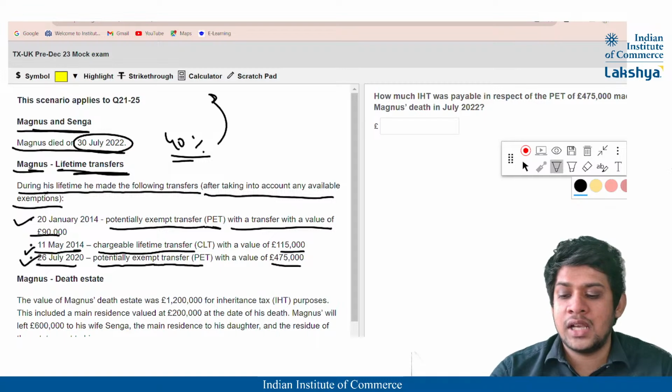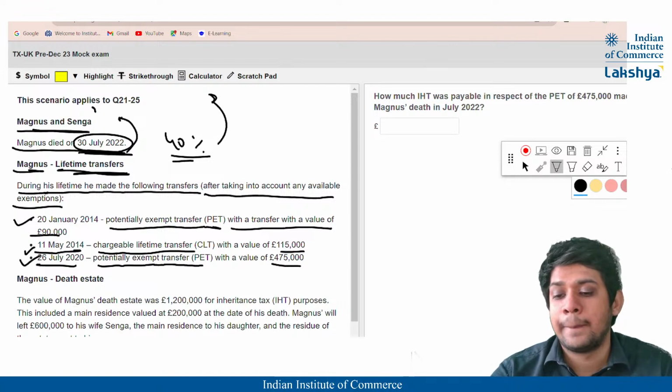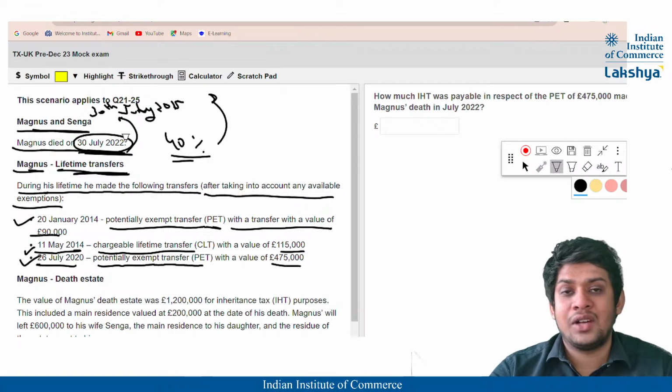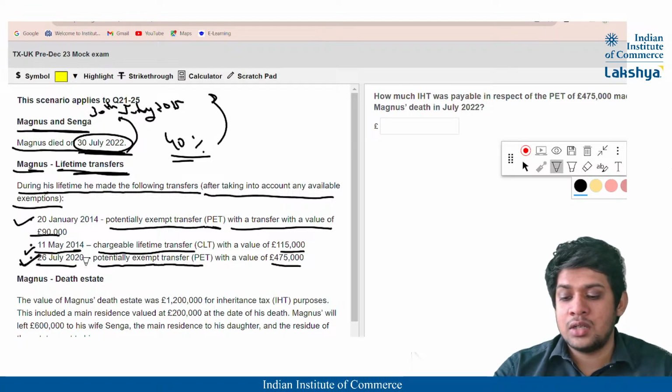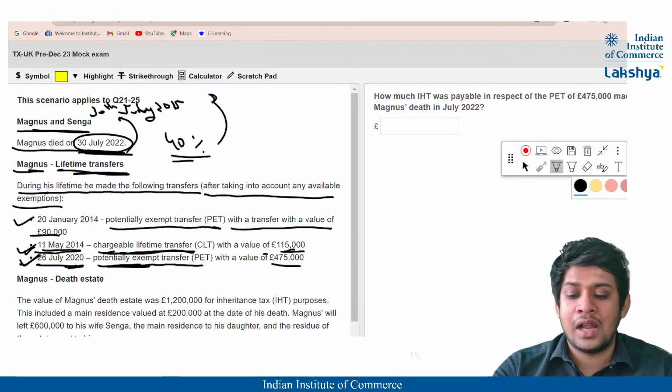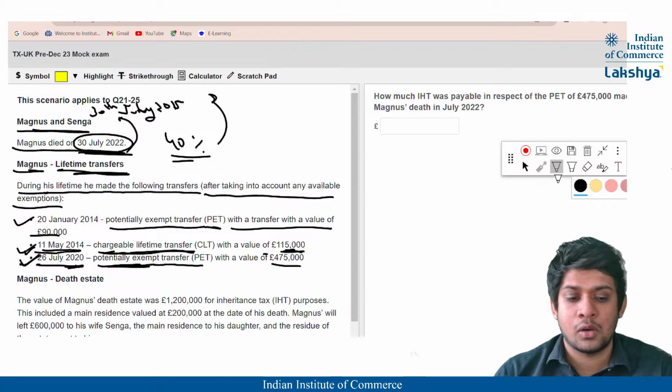She died on 30th July 2022, so you have to take back 7 years, till 30th July 2015. Whatever transfer she has made, PET or CLT, will be chargeable. So this PET is chargeable because it is in July, and this CLT with a value of 1,15,000 pounds is also chargeable.